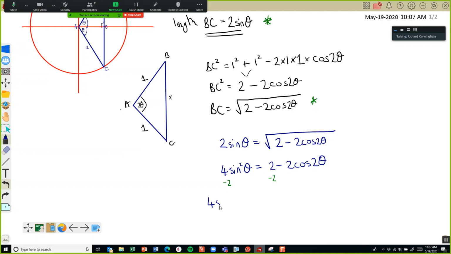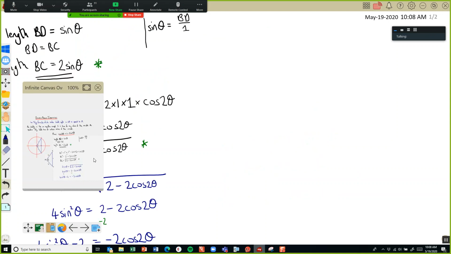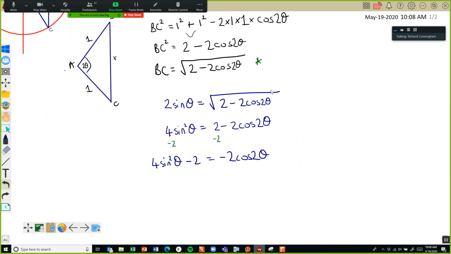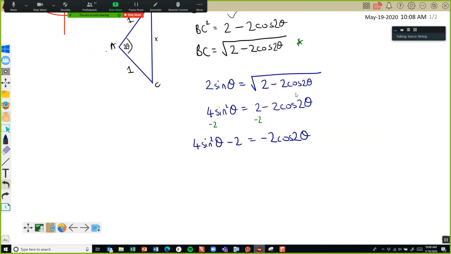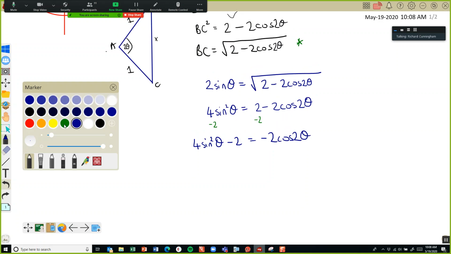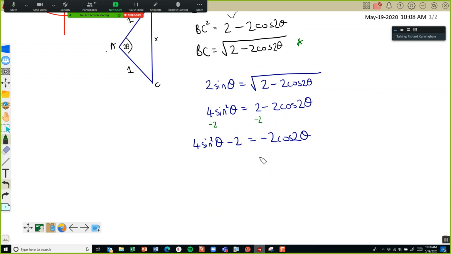So I get 4 sine squared theta minus 2 equals negative 2 cos 2 theta. Now what? Somebody else from SL? Yep, divide by negative 2. Good. So divide this by negative 2, divide this by negative 2, divide this by negative 2.